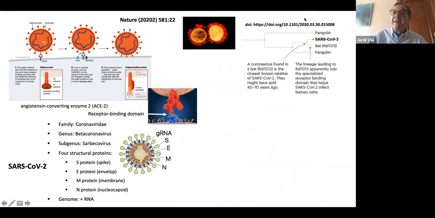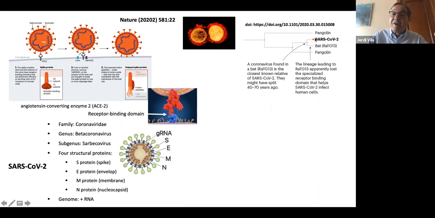Another important thing is the evolution. What is the origin of SARS-CoV-2? It seems that the origin is bats. There is a high similarity with the coronavirus RaTG13 found in bats.